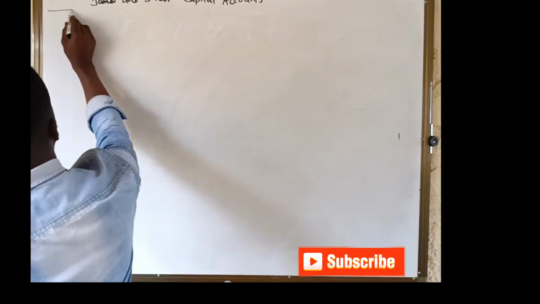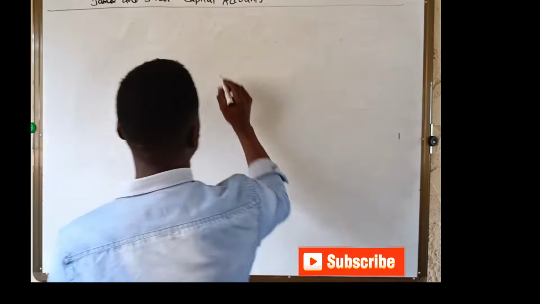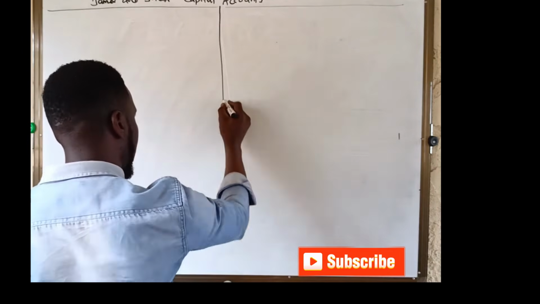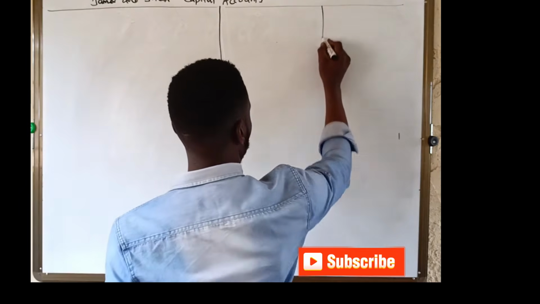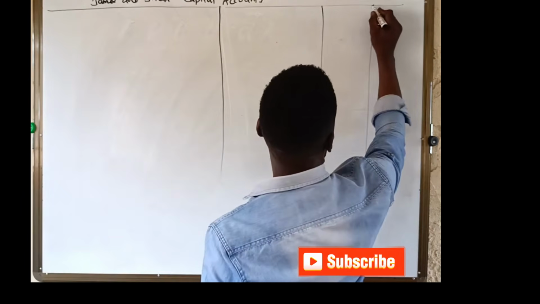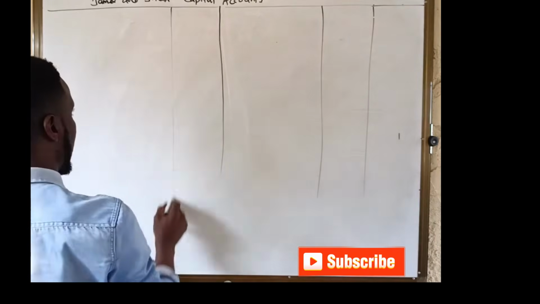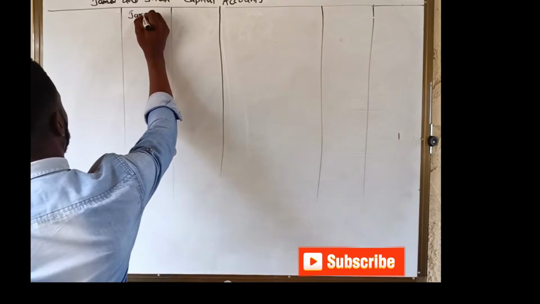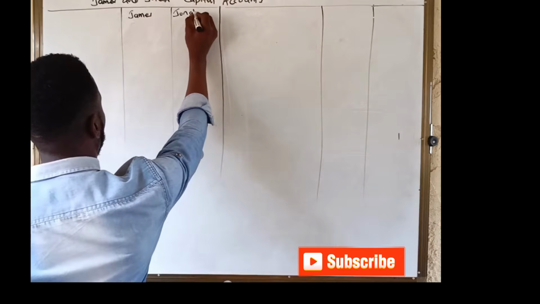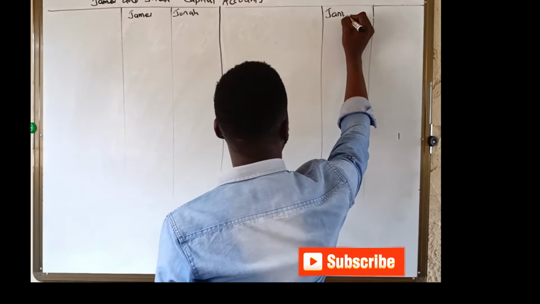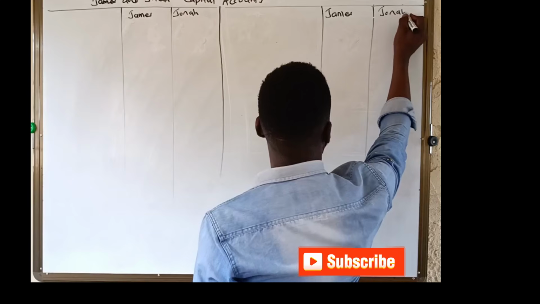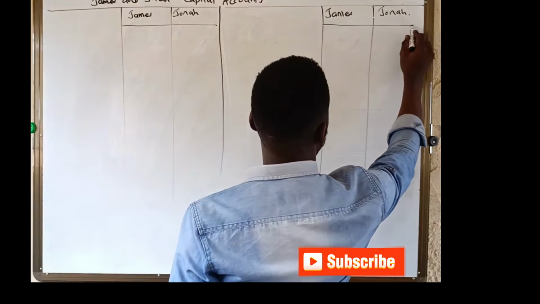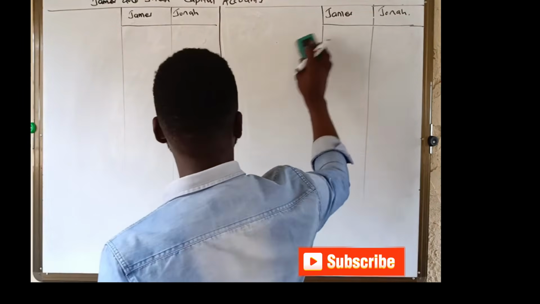And so we shall have James and Jonah, James and Jonah. So this is what we have.